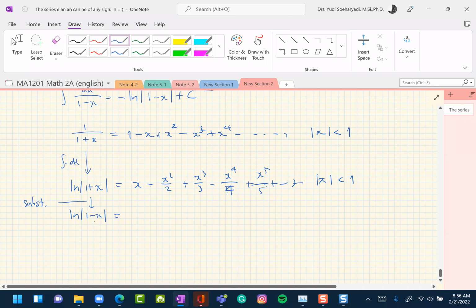Replacing x by minus x. Okay, this is just still the same because it's squared. The x becomes minus. This is still the same. This becomes minus. This is the same.